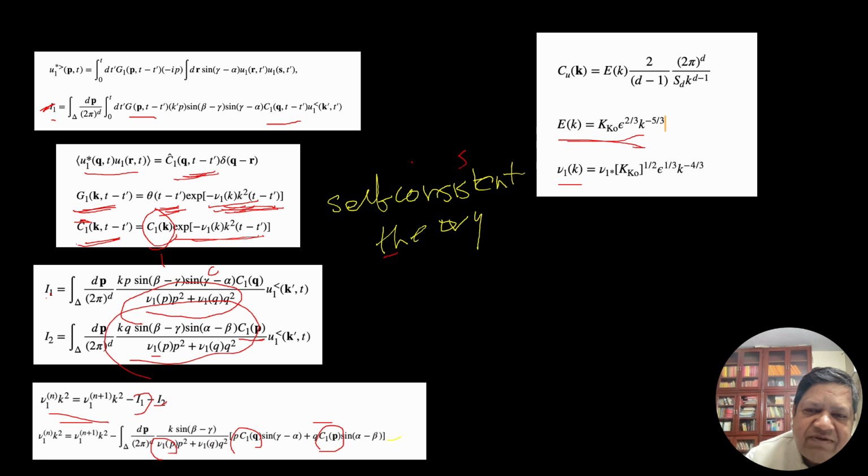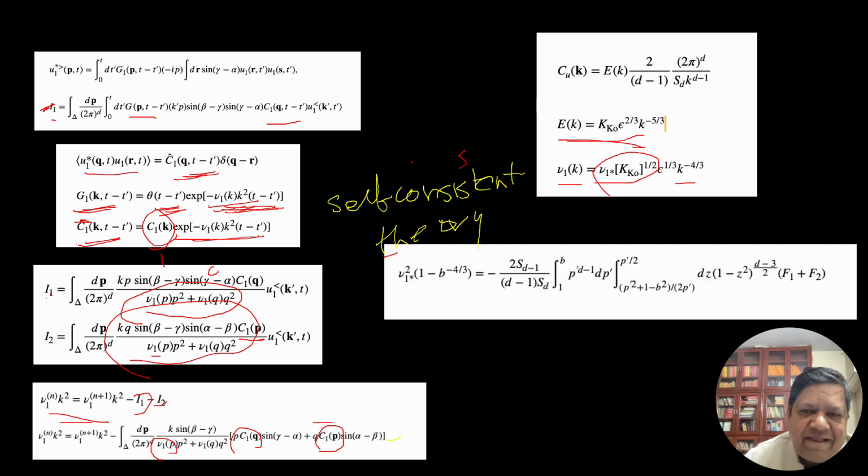And nu of k is k to the minus 4/3, and there are constants in front. Okay, so if I substitute these, there will be constants and some function of p, q, power laws, but they could be integrated. Now, the region of integration, that's another thing to worry about.